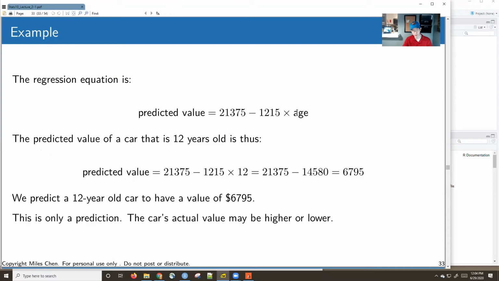We would just plug in 12 for age, and then we do 21,375 minus 1,215 times 12. 1,215 times 12 is 14,580, and you take that difference and you'd say the 12-year-old car is worth around $6,795. That feels kind of generous, but this is just a prediction. The actual car itself, if you have an actual car that's 12 years old, its value might be higher or lower than this number.